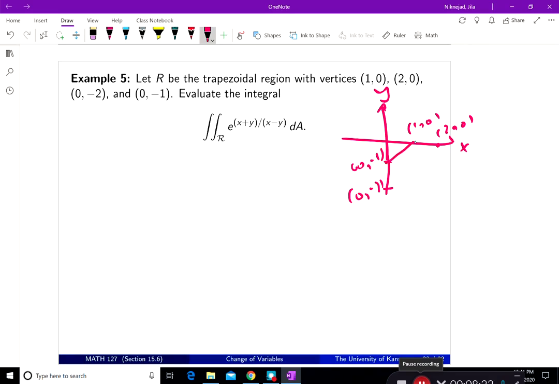And so this is the trapezoidal region. And if you look at it, it's giving you the vertices in that order. So this is the region.